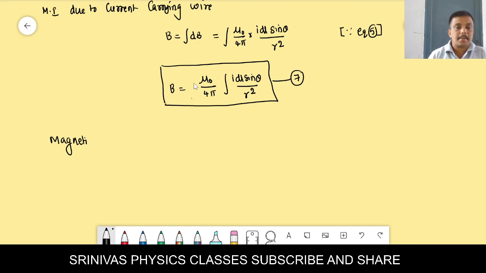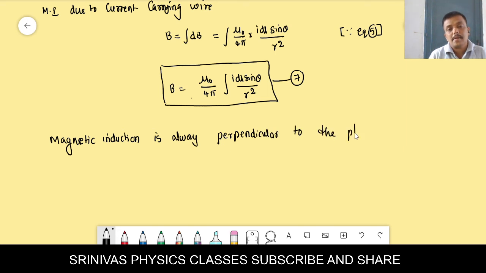And the next one is that the magnetic induction is always perpendicular to the plane containing dl bar and r bar.